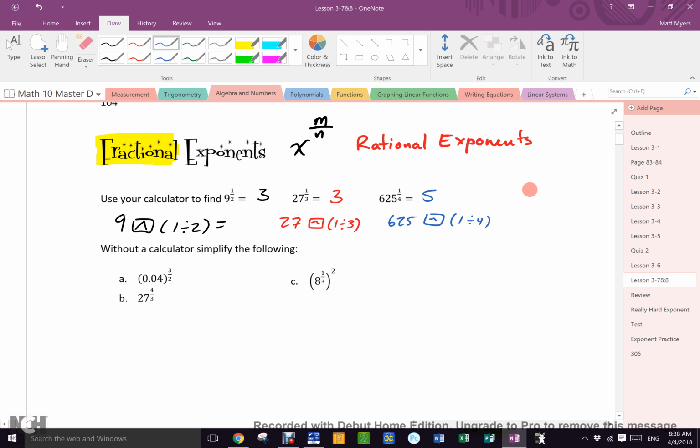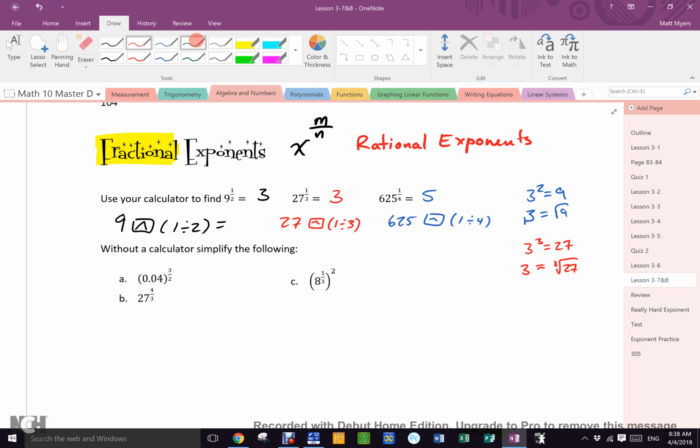So we all know that 3 squared equals 9, which automatically means that the square root of 9 equals 3, yes? Everybody with me? What else do we know? We know that 3 cubed is 27, which automatically means the cube root of 27 is 3, right?